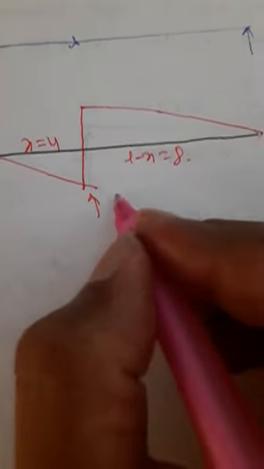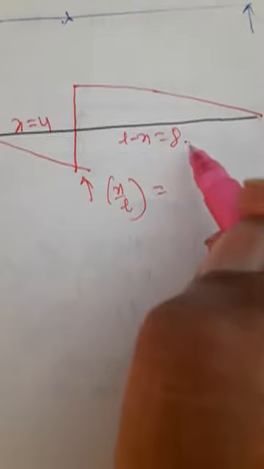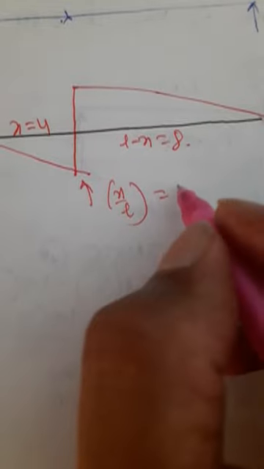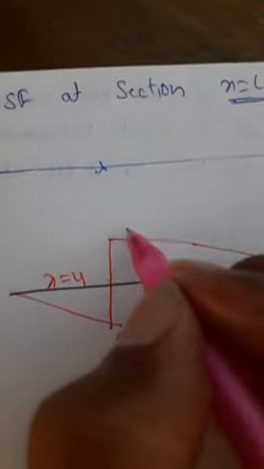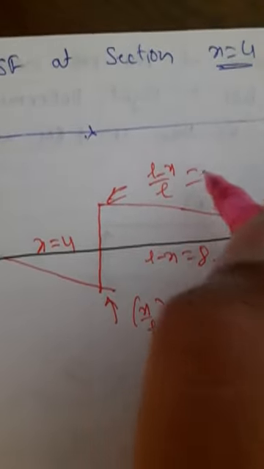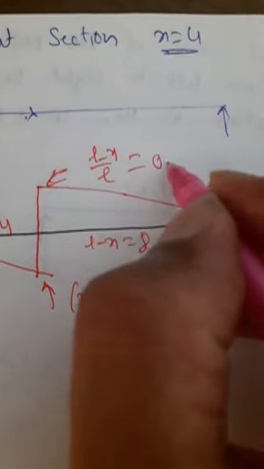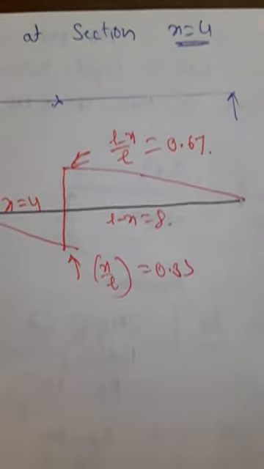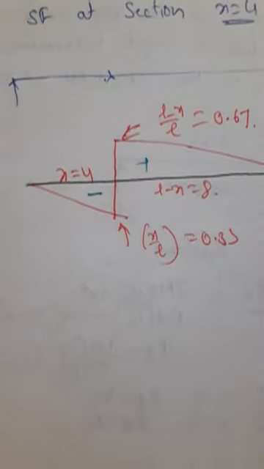This value is x by L. So x is 4, 4 divided by 12, L is 12, 4 by 12, 0.33. And this point is L minus x by L. So L minus x is 8, 8 by 12, 0.67. This is positive shear force, this is negative.